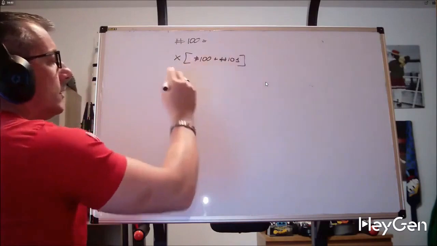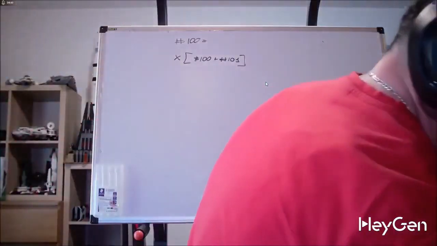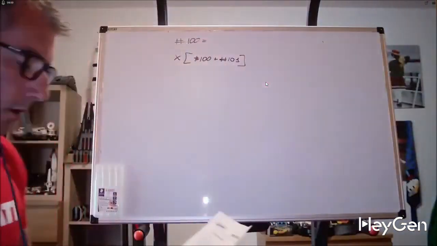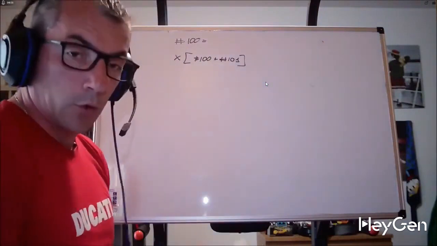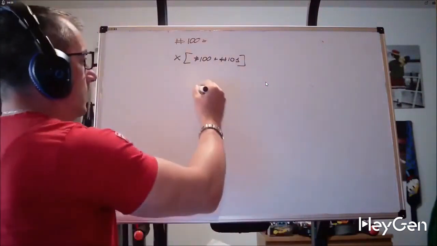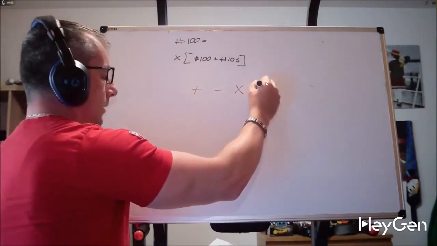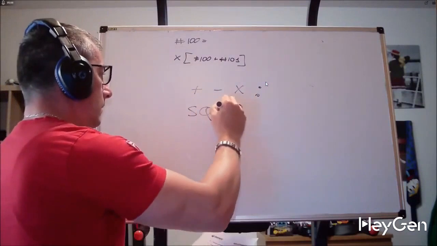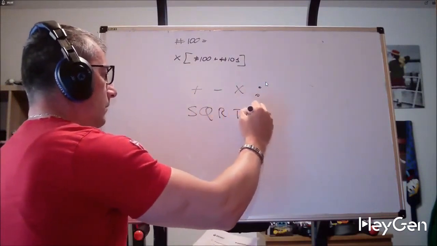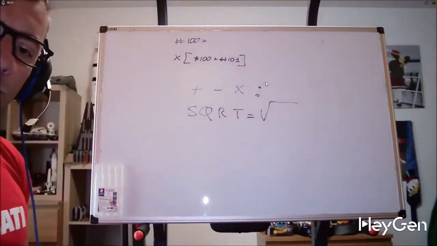This operation will determine the value of x. The main operations, always in Fanuc, but all the other CNCs can do it too, obviously, are the plus, the minus, the times, the divided, and also SQRT, which means square root.